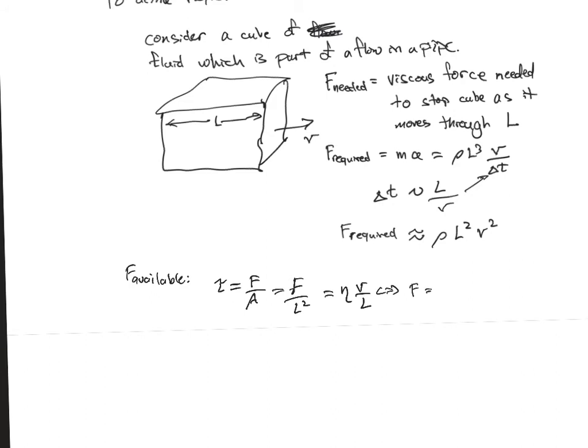F is equal to eta V L. And so now the Reynolds number is the ratio of the F needed divided by the F available.